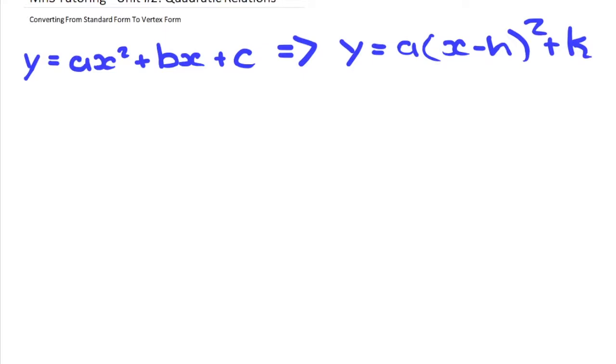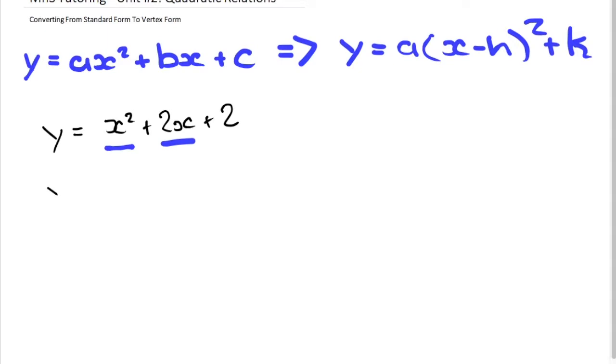Let's say the equation is y is equal to x squared plus 2x plus 2, right? The first thing you have to do is group both the x terms together. The two x terms in this case are x squared and 2x. When you group both of them together, it should look something like this: x squared plus 2x and plus 2 out to the side like this.